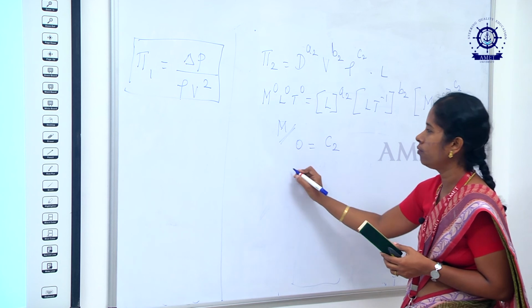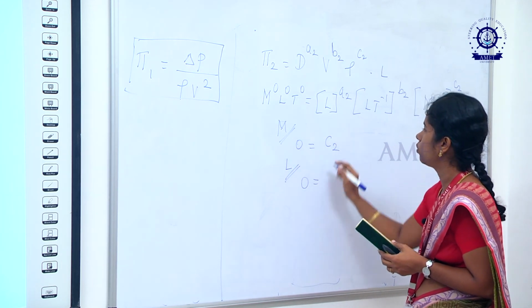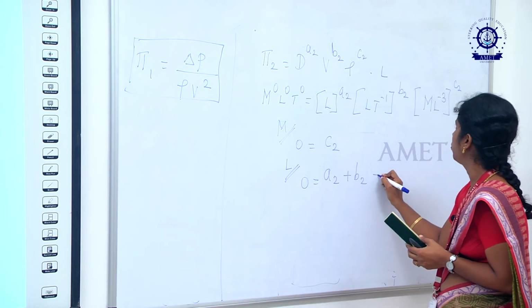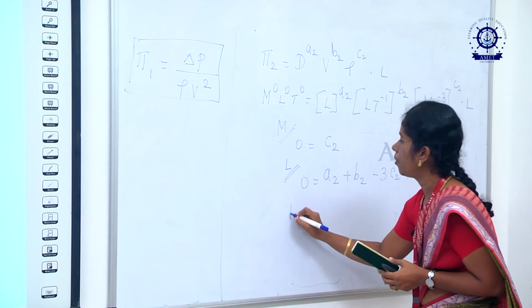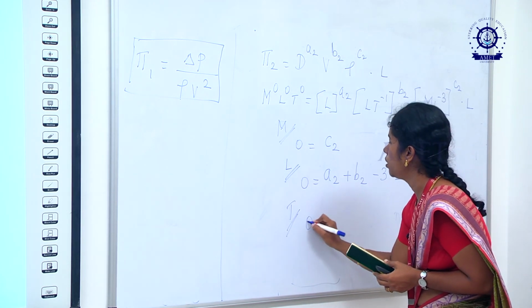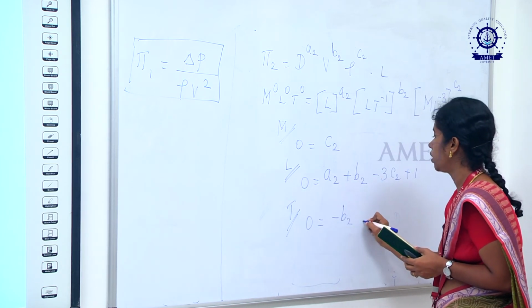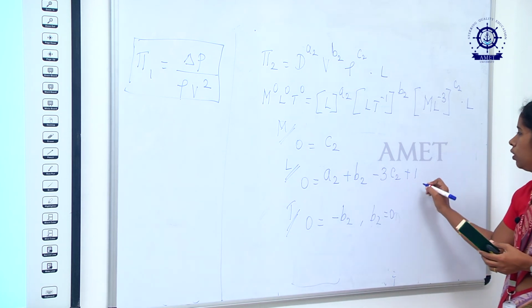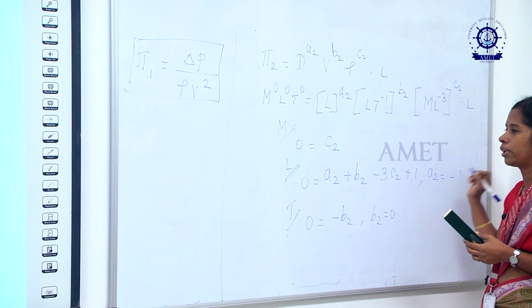So we have found one variable. The power of L will be 0 is equal to A2 plus B2 minus 3C2 plus 1. The power of T on both sides will be 0 is equal to minus B2. So I can say B2 is equal to 0, and from this I can find out A2 will be equal to minus 1.